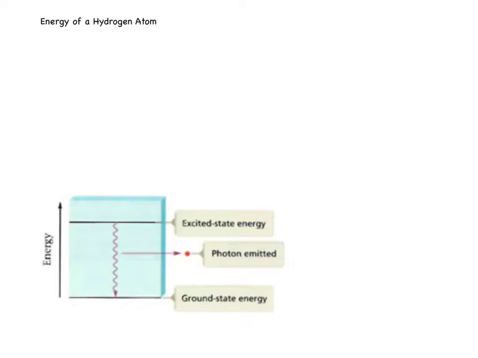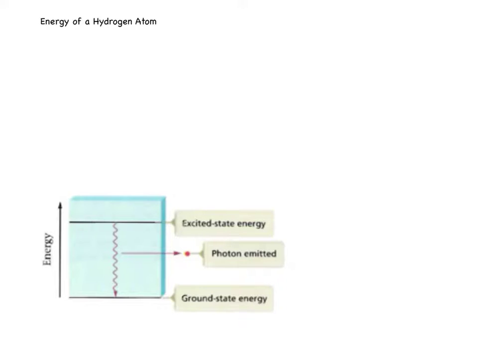Alright, in this video we're going to talk about hydrogen and just what happens in a hydrogen atom when energy is added. The first thing that we see can happen here with this illustration is that when energy is added to a hydrogen atom, electrons will move from what's known as the ground state energy level.